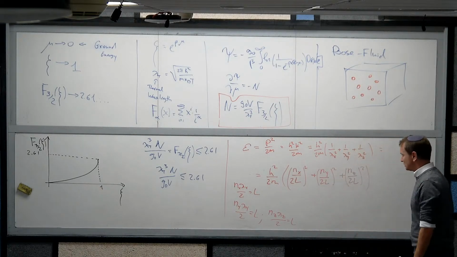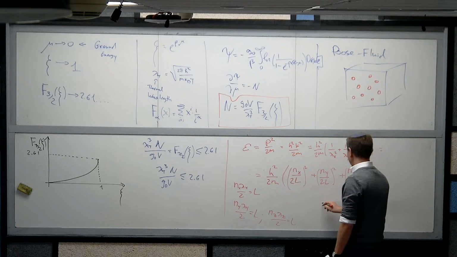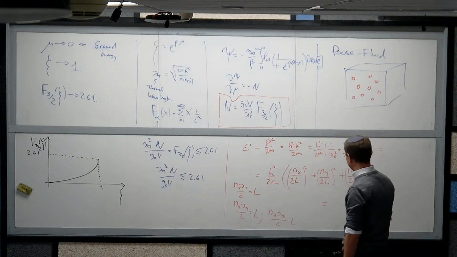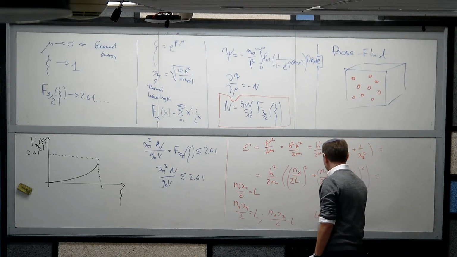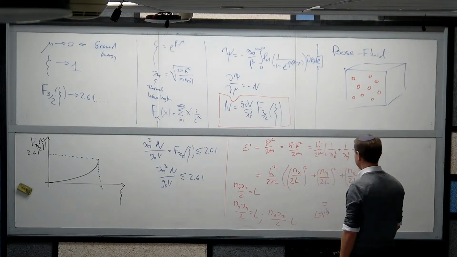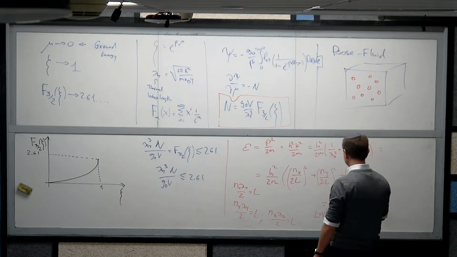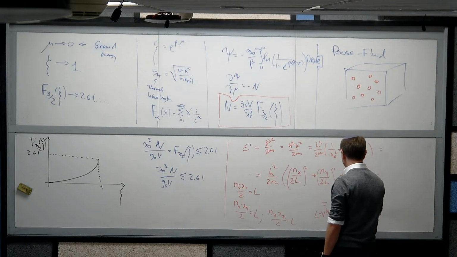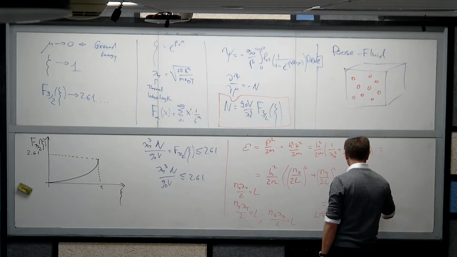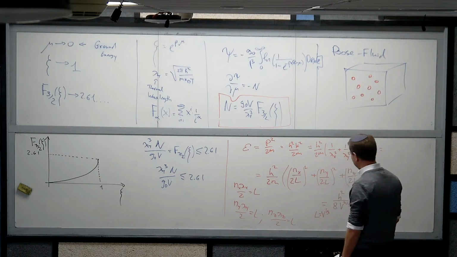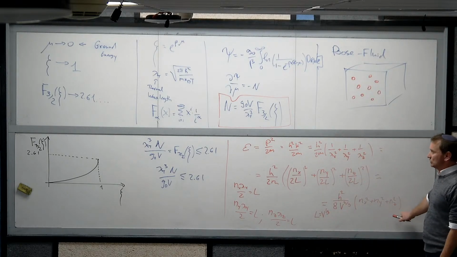Okay, so this is the energy. And since we are using that L, it is V to the 1/3, we are going to have h squared over 8m V to the 2/3, and here we have nx squared plus ny squared plus nz squared. Okay. So this is the discretization.